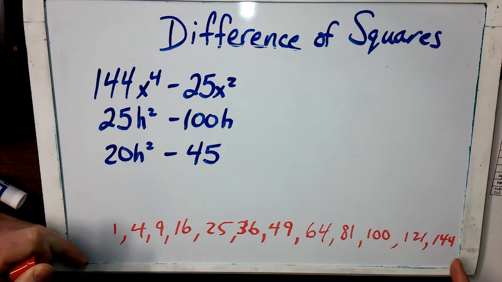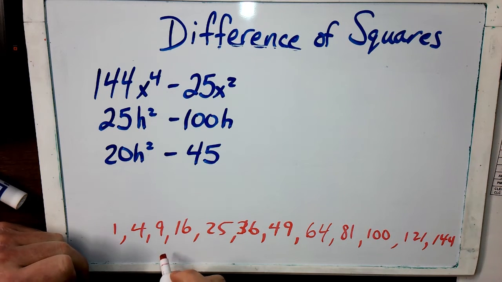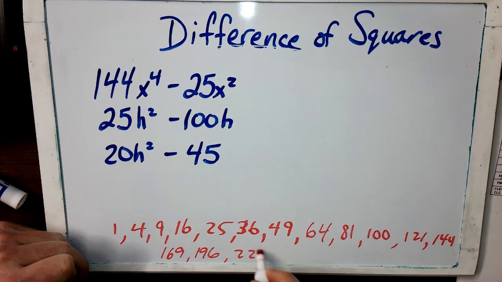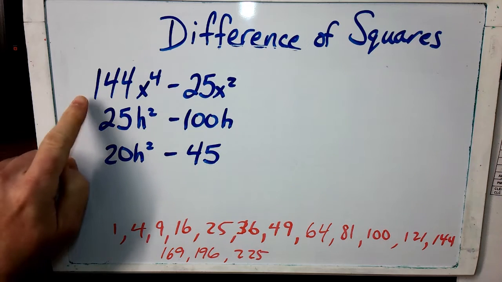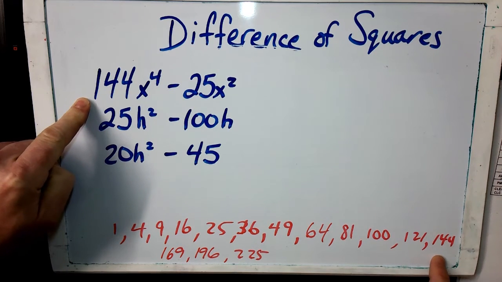Typically we go up to 15 that you're expected to use. So if we have this list of numbers, we can see 144 is the perfect square.